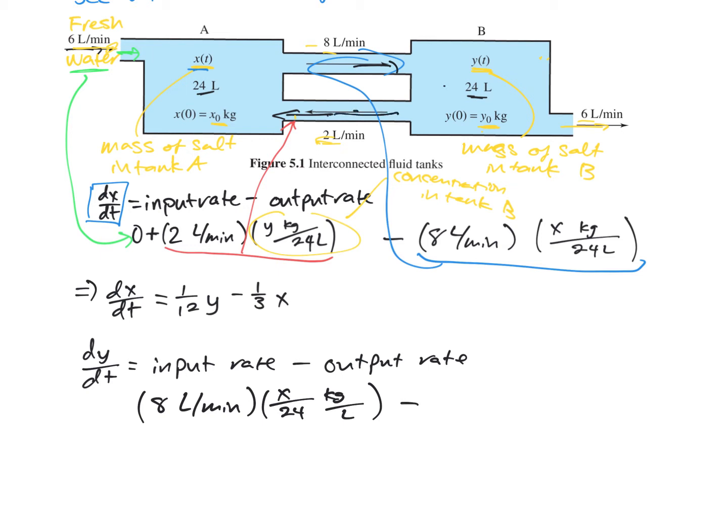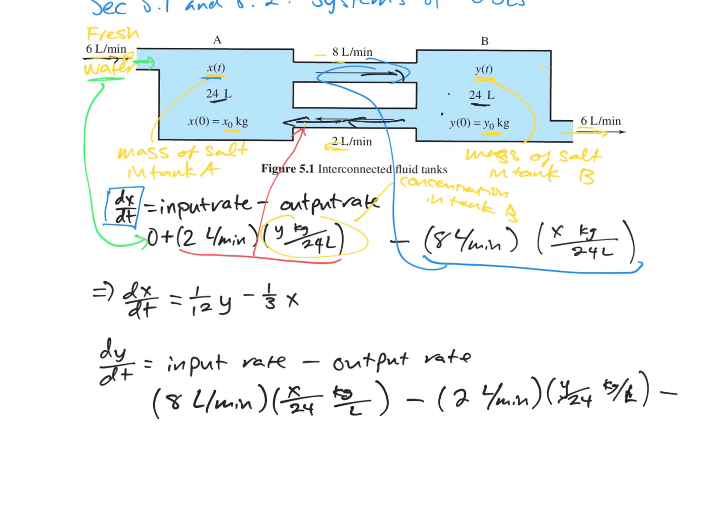First, we can do the bottom middle pipe. So that's going to be 2 liters per minute times what's coming out of tank B. So that's y over 24 kilograms per liter.